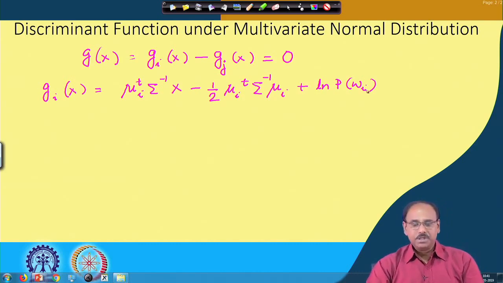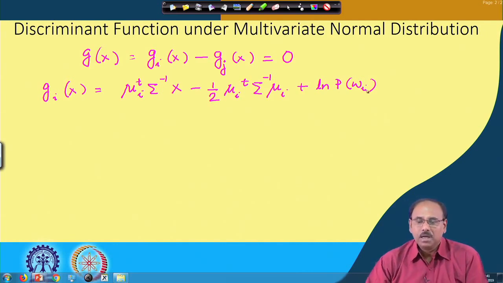Similarly, when I compute g_j(x), it will be mu_j transpose sigma inverse x minus half of mu_j transpose sigma inverse mu_j plus log of P(omega_j).